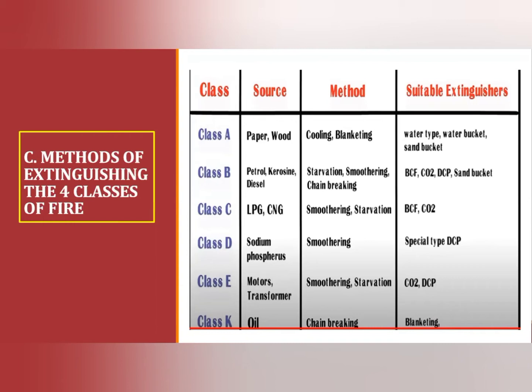And again, the class E fires, these are the combination of class A, class B, class C, and class D. Or there is a possibility that these four classifications, class A, class B, class C, class D of fire, may merge together or you may encounter that these are present. So when we say class E, these are the combinations of the above classifications.